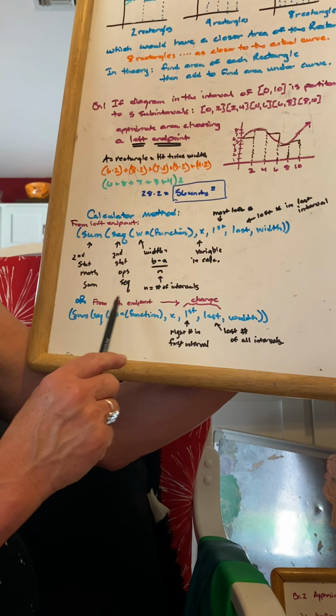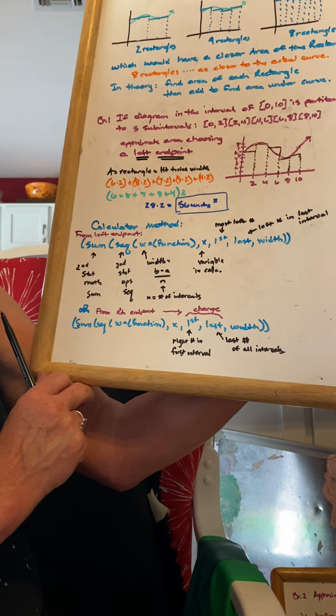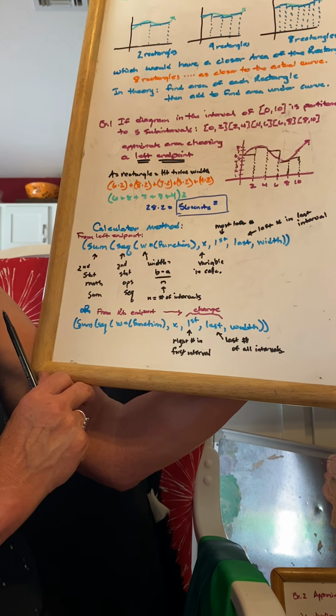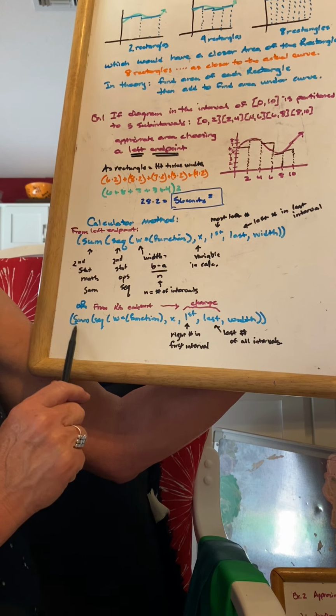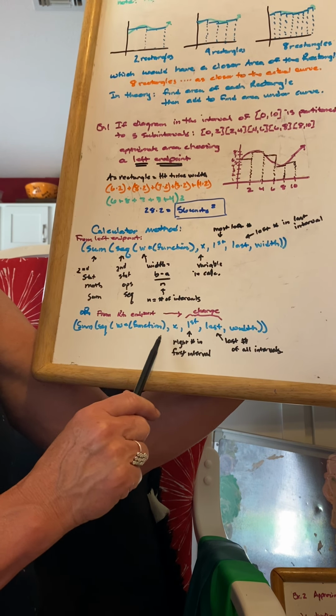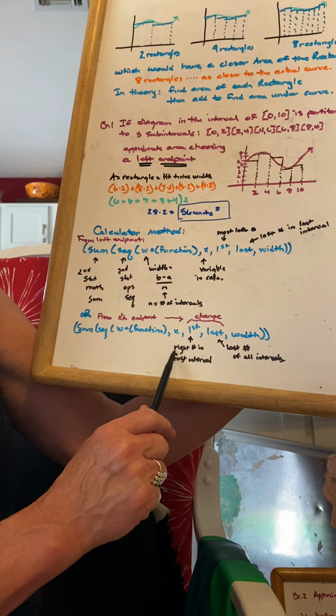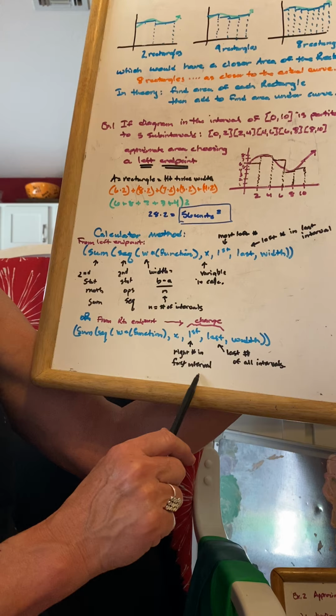Now, what if you're going from the right endpoint? This first and last changes. Nothing else changes. So you'll still have sum, sequence, parentheses, with times function, comma, x, comma. Now your first is the right number in the first interval.